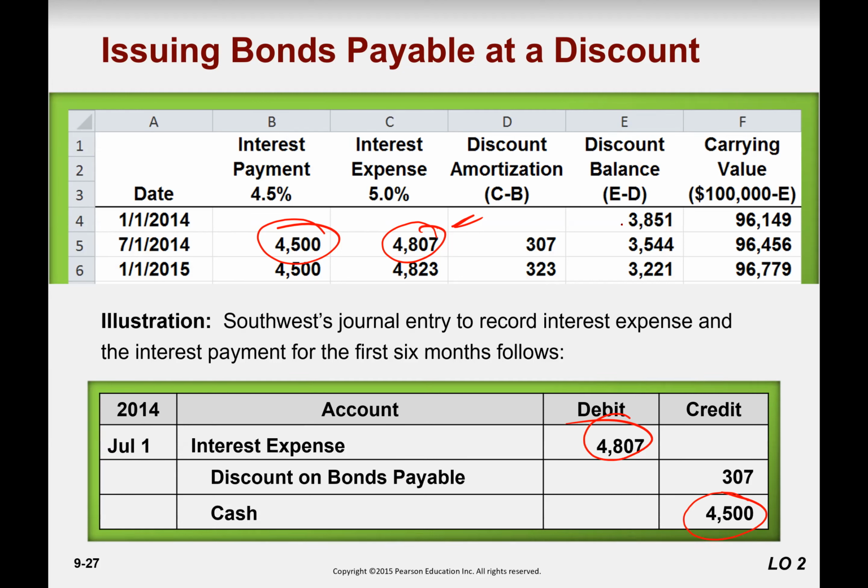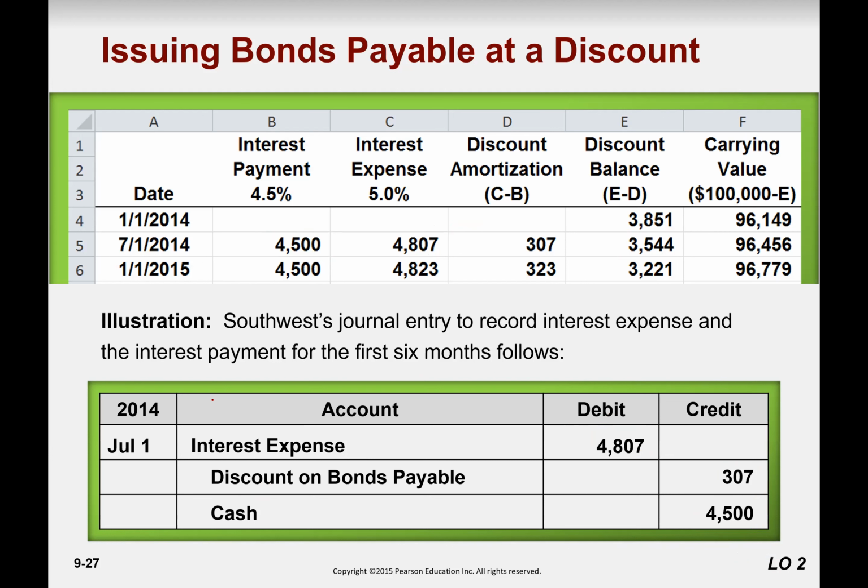Since we are decreasing the discount, so when the discount is created, we make a debit balance. But now we decrease the discount. Discount is decreased by 307. So now the entry is balanced. All right.